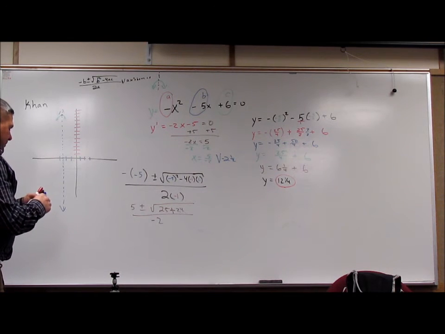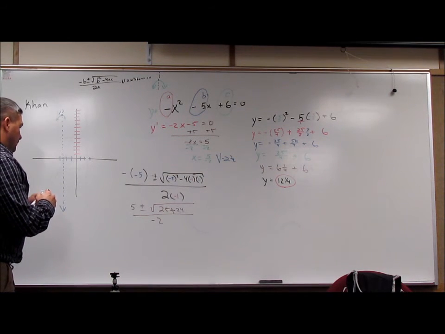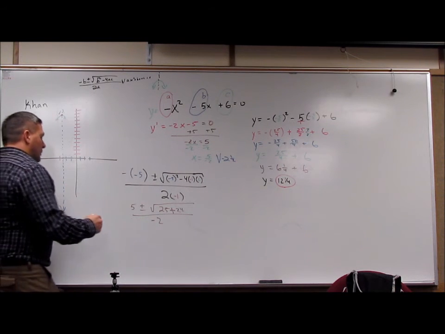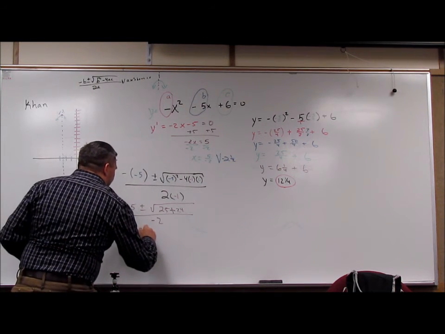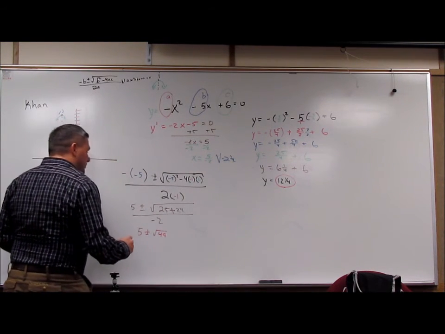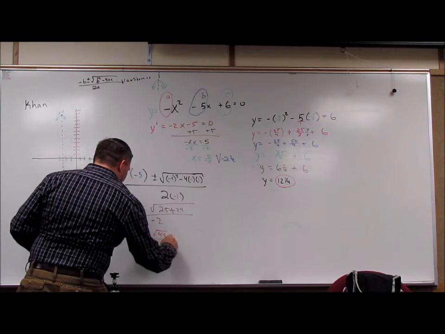And so now I have 5 plus or minus the square root of 49 all over negative 2.